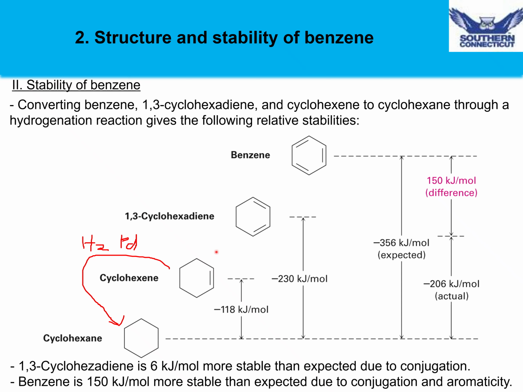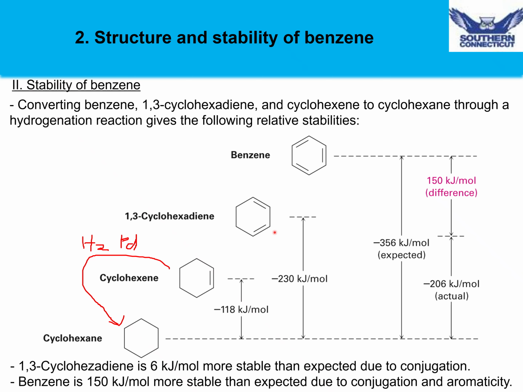Since the product in both reactions, the reduction of this diene and this alkene, both lead to making cyclohexane, the difference in energy between these two reactions is based on the fact that a 1,3-diene has a small amount of stability due to the conjugated double bonds.